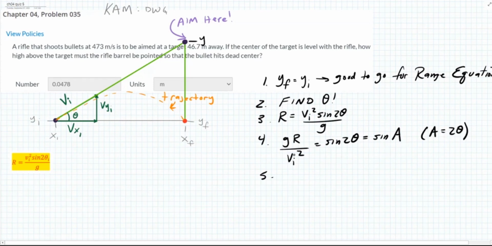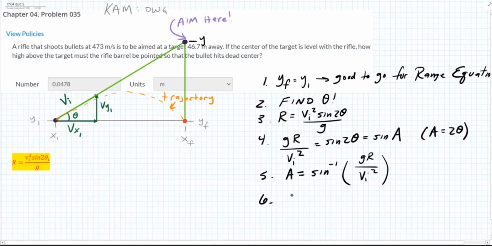I'm doing it like that because I want to be able to say that A, whatever that angle is, equals arc sine of gR all over V initial squared. So you're going to get a value for A, as you see there in step 5.